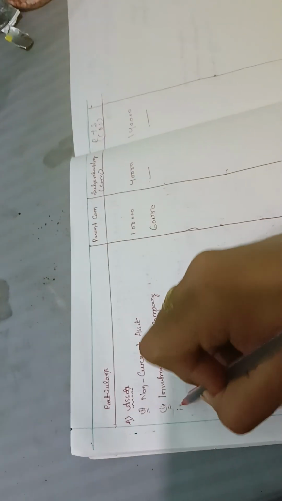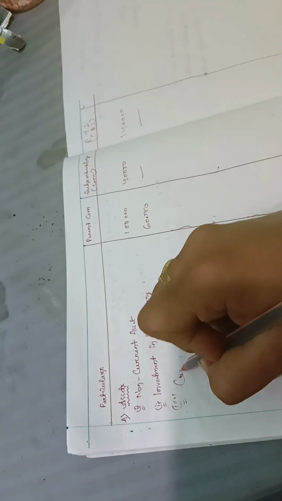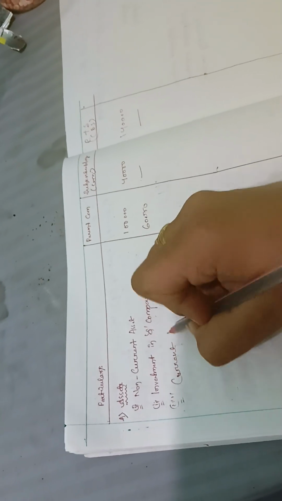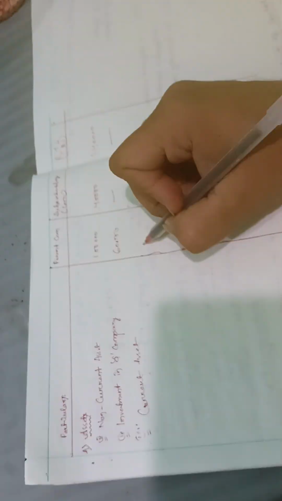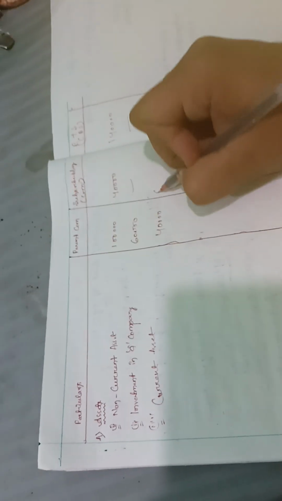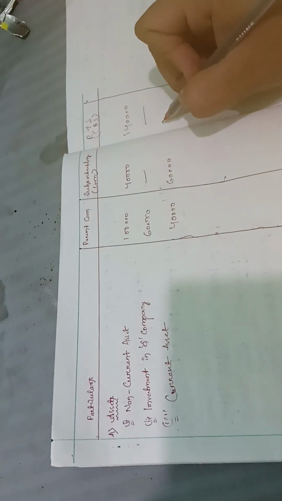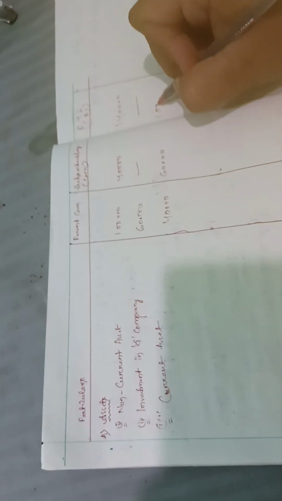Then what was the asset item? Current assets: here you see current assets are 40,000 and 60,000. Line by line, assets will be taken over, meaning 1 lakh will be taken over.